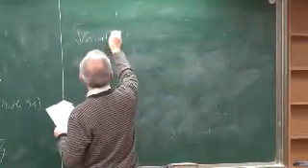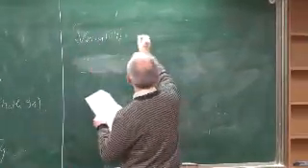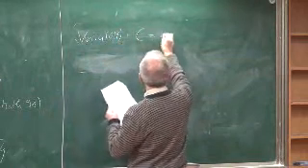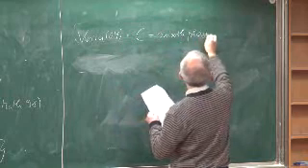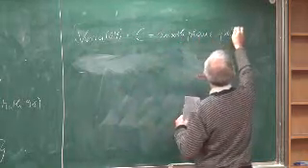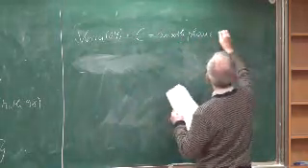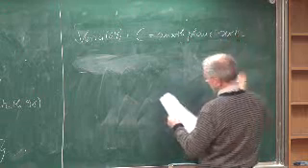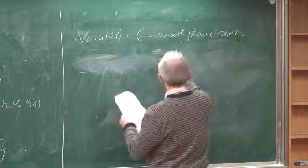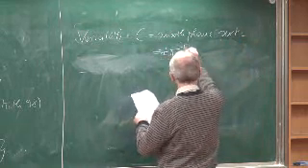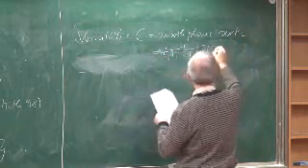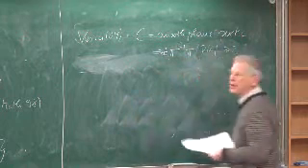Vera showed that if C is a smooth plane quintic, a smooth plane sextic, then the number of points of pi to the minus 1 of pi of (C tilde, C, f) is greater or equal to 2, so it's not injective.